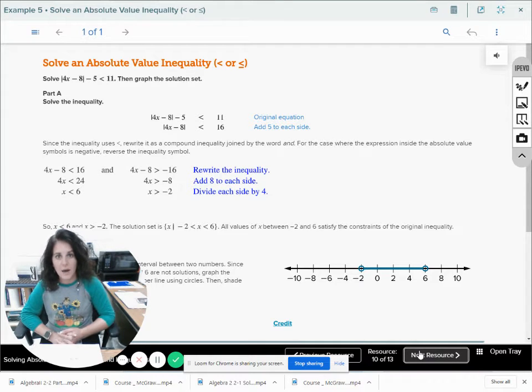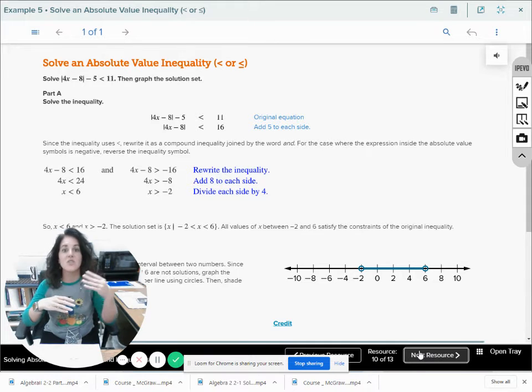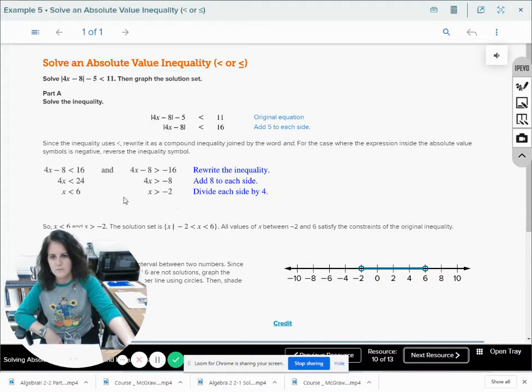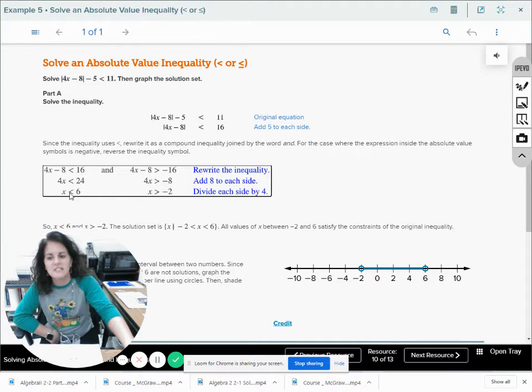So now I can make my two cases where 4x minus 8 is less than 16, or 4x minus 8 is greater than negative 16. We've got to flip that symbol because we changed the sign. We know to add 8 to both sides in both cases. Then we divide both sides by 4, and on this side we end up with x is less than 6.